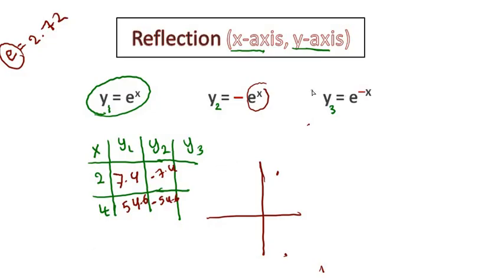Now, if we multiply the value of x by a negative number, it will be reflected in the horizontal direction, in the y-axis, like I will imagine a mirror on the y-axis. Now, let's apply this for y3. E to the power of negative 2 for x equals 2.